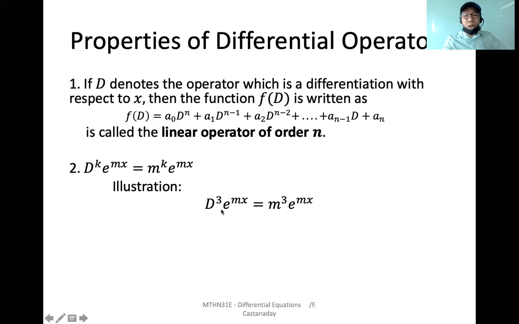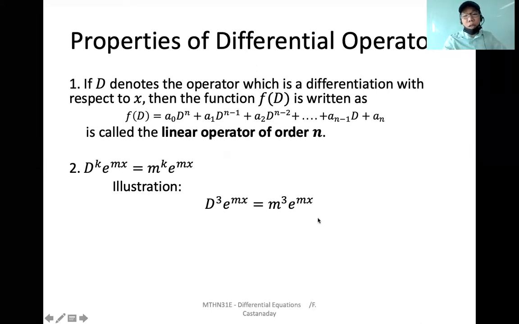This means that we are going to differentiate the exponential function e raised to mx 3 times. Ang ibig sabihin ng D cube na to, yung operator na to. Sinabi lang dito na if you are going to differentiate this exponential function 3 times, it will be equal to m cube e raised to mx.